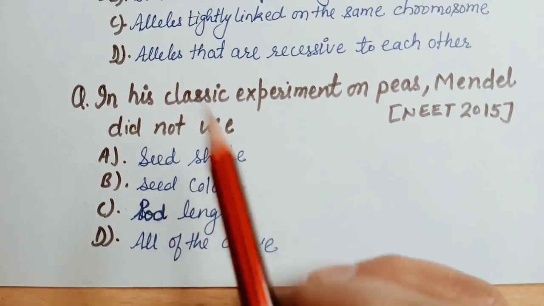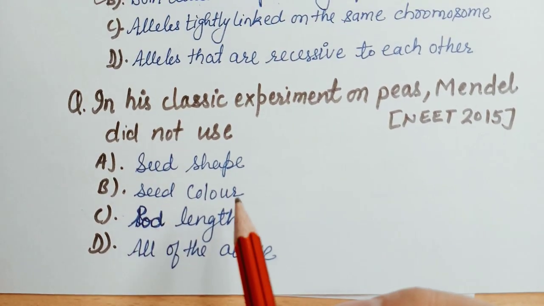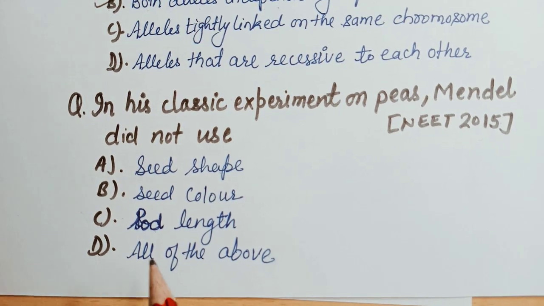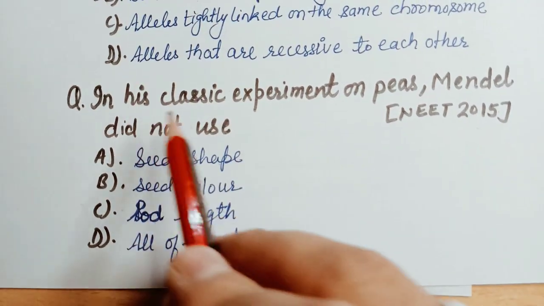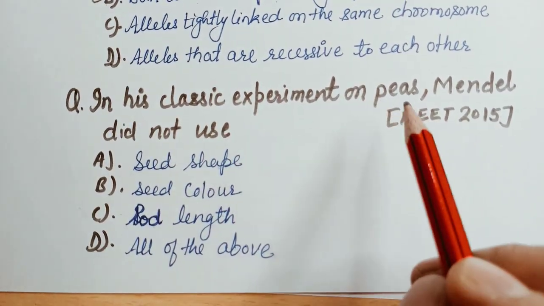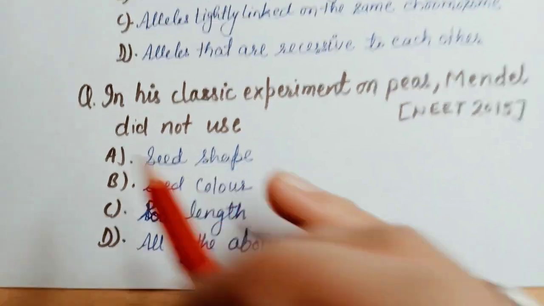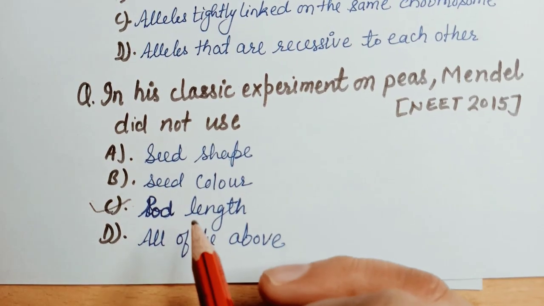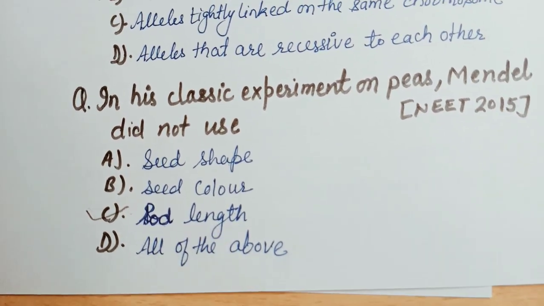A. सीड शेप, B. सीड कलर, C. pod length, or D. all of the above. In his classic experiment on peas, Mendel did not use pod length. So option C, pod length, is the correct answer.